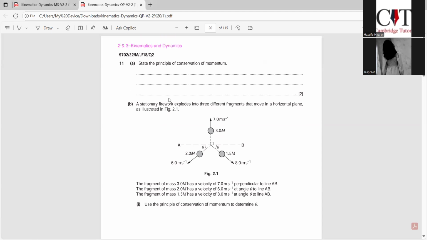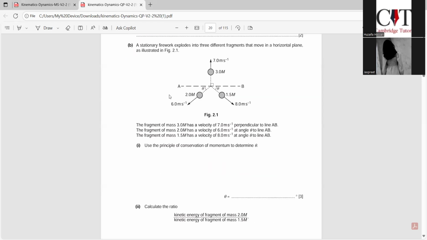Okay, now this part we know is easy. Principle of conservation of momentum. I will skip this. Just read part B here. A stationary firework explodes into 3 different fragments that move in a horizontal plane as illustrated in figure 2.1. The fragment of mass 3.0 m has a velocity of 7.0 m s^-1 perpendicular to line AB.